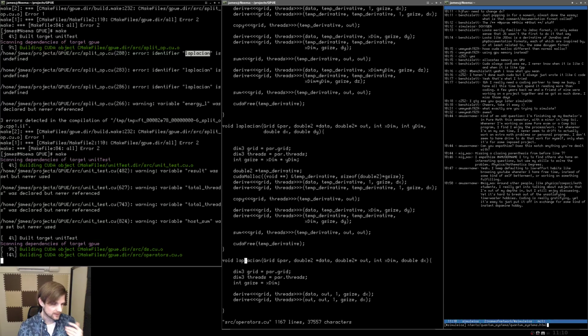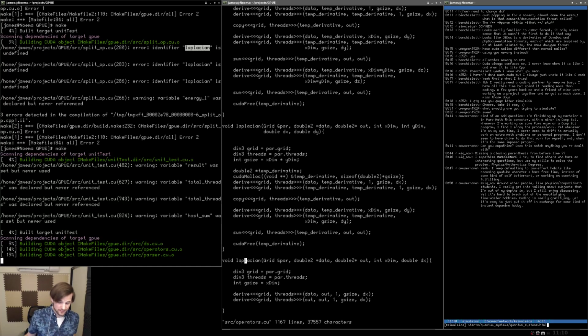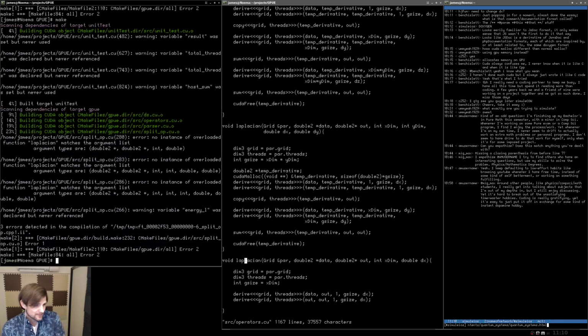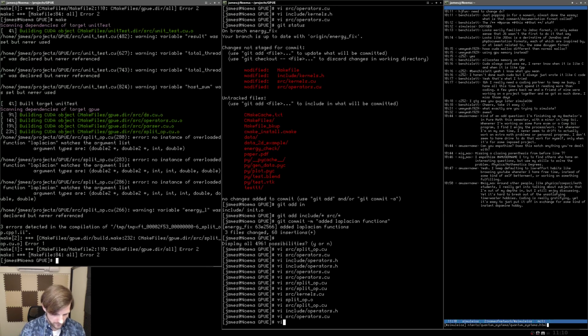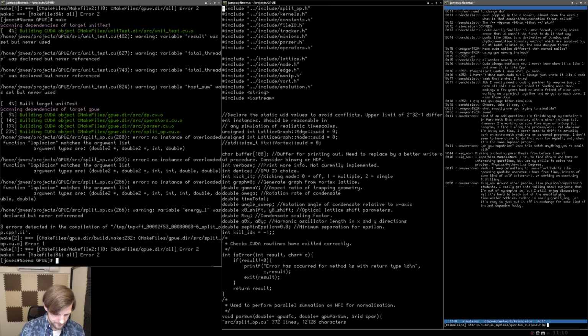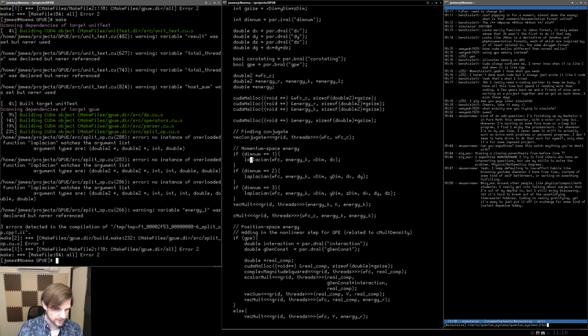Okay, and hopefully I'm going to run the unit tests and we're going to see if the energy works. If the energy works with this... what is your problem? Double 2-star, double 2-star, int double. Double 2-star? Aha. Okay. VI source splitop. Laplacian. I need to read in par. For all of these guys.